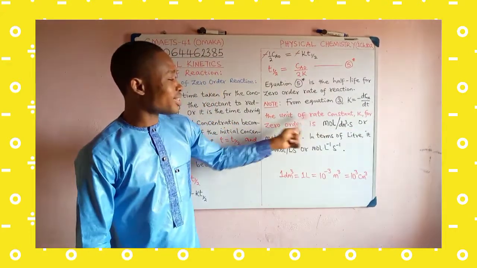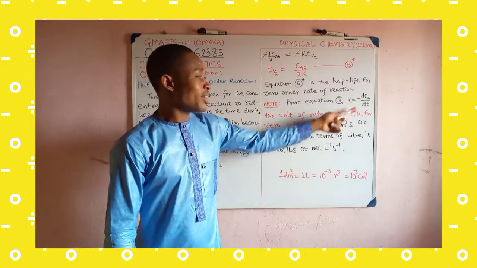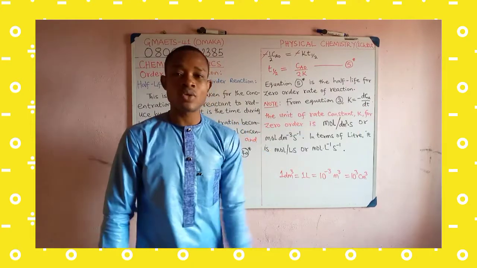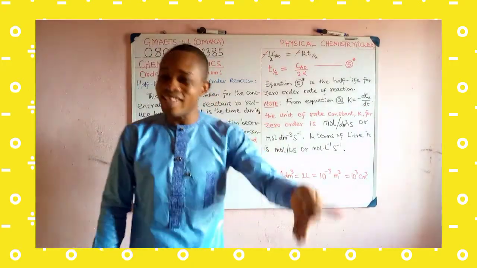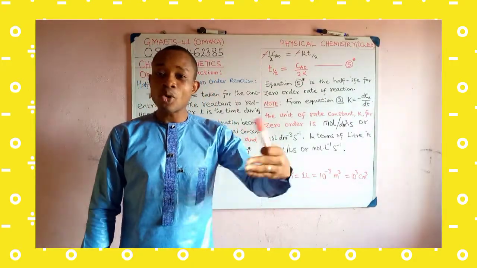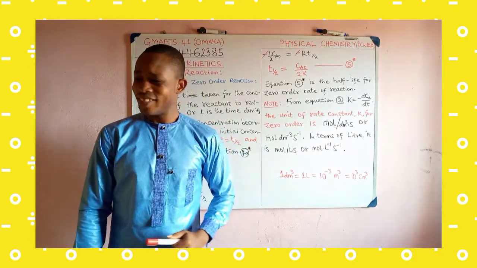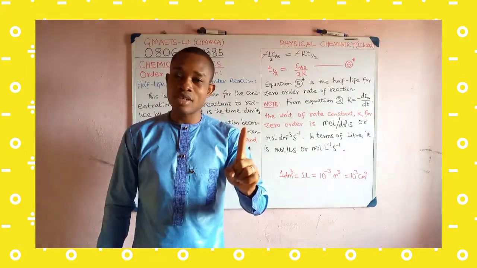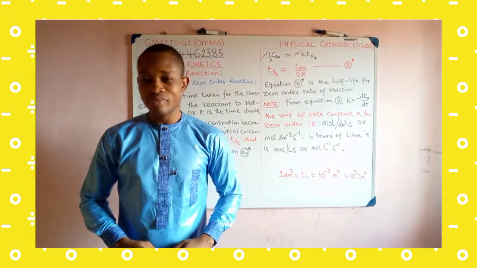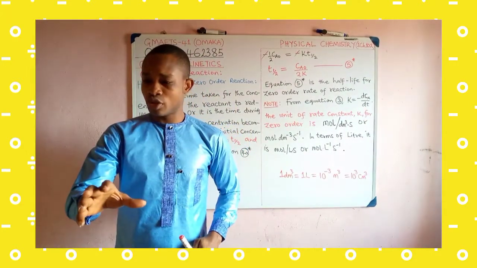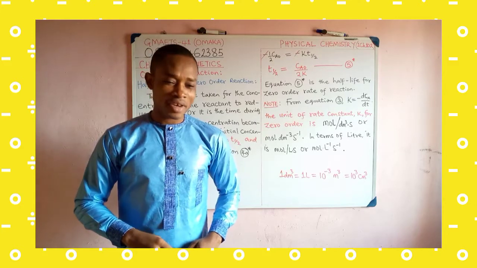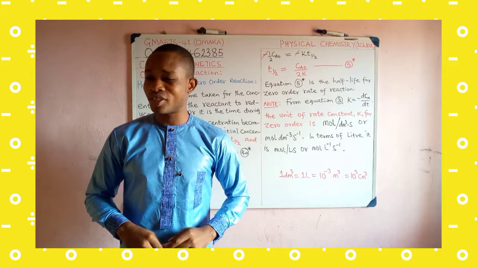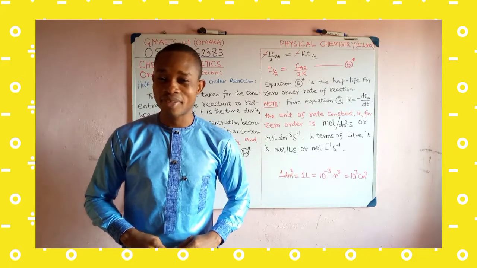So if you put the concentration term and the time term, the unit of the rate constant will now become moles per liter per second, or moles per dm cube per second. Does that make sense? Take note of this conversion factor. 1 dm cube is the same as 1 liter. In the next video, we're going to introduce first order rate of reaction, where we'll also derive the equation for calculating its final concentration and, of course, the half-life.